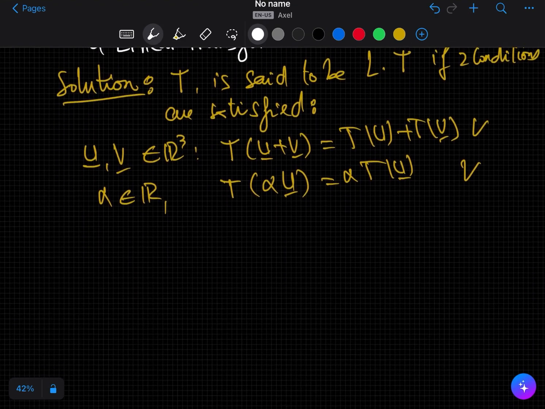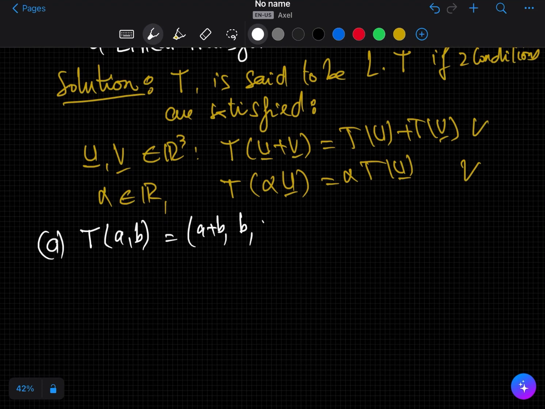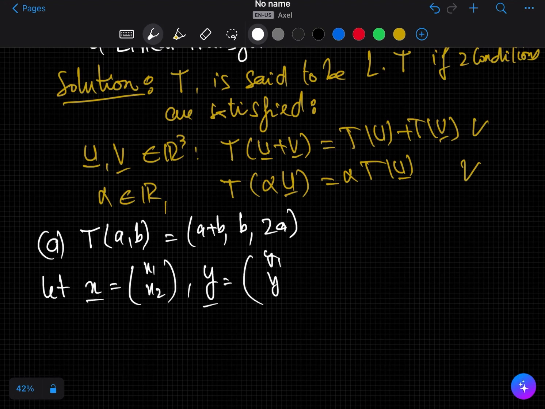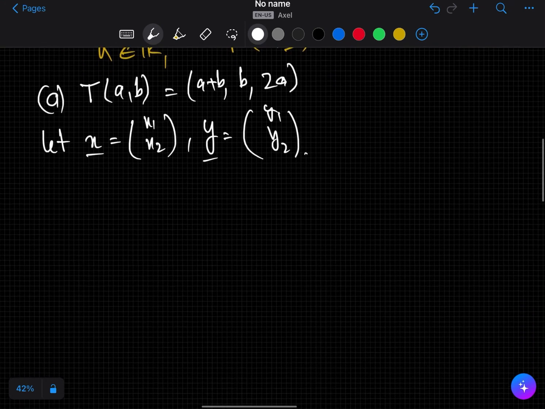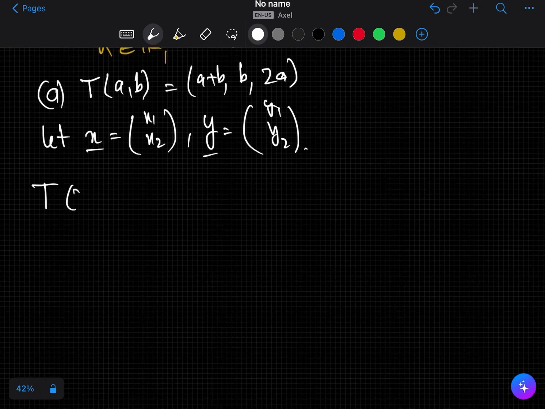Now, let's have a look at the first question, where you have to prove that T defined as T(a,b) equals (a plus b, b, a) is a linear transformation. Let's consider x equals (x1, x2) and y equals (y1, y2). Let's find T(x) plus T(y).